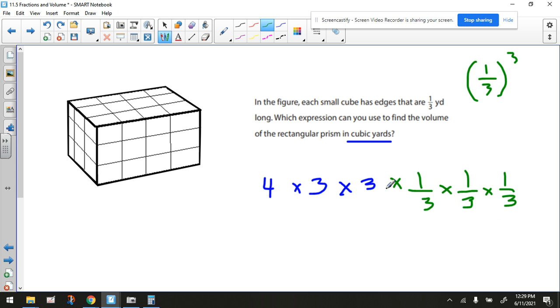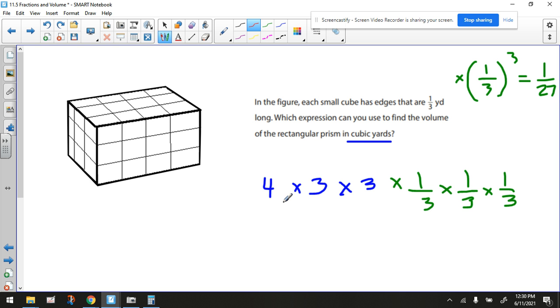We can also replace this with multiplying by a third cubed. Or we could even replace it with what it's equal to, which, if we actually find what all these green numbers are equal to, is 1/27th. And we've talked about that 1 to 27 ratio. For every full cube, you have 27 third cubes.